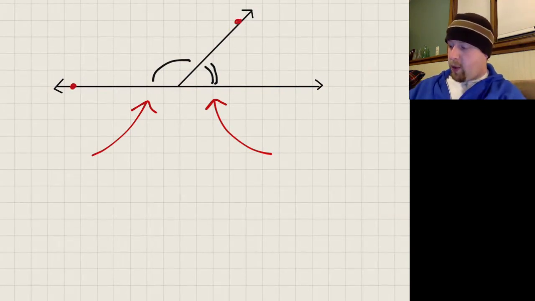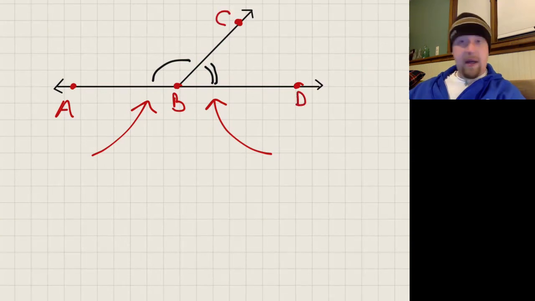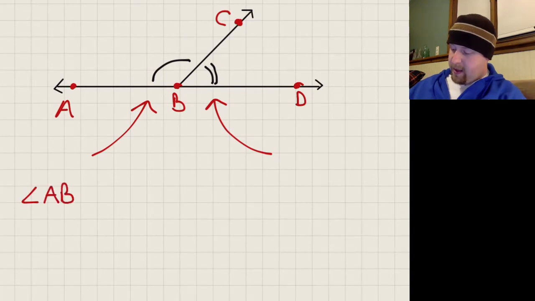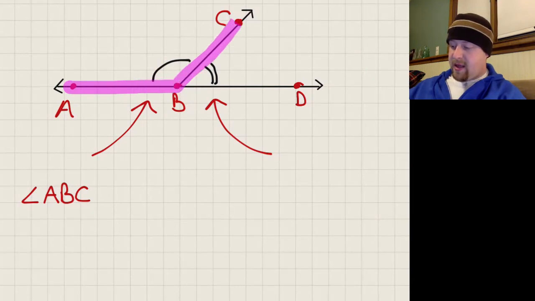We're going to go ahead and put some points on this figure. We're going to label it A, B, C, and D. Now, if I wanted to label the left-hand angle, I would say that that would be angle ABC. Okay, so I'd start at point A, I'd work to B, and I'd go to C. That's how we would label an angle using points.